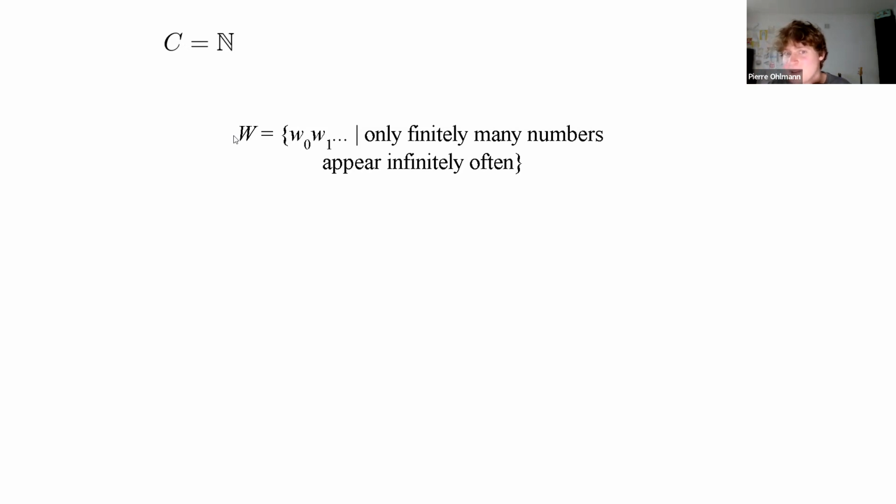If there's only finitely many numbers that appear infinitely often, maybe there are none, then this is also finitely many, right? Previous one is the subset of it. No, because in the previous one we would win if infinitely many appear infinitely often.